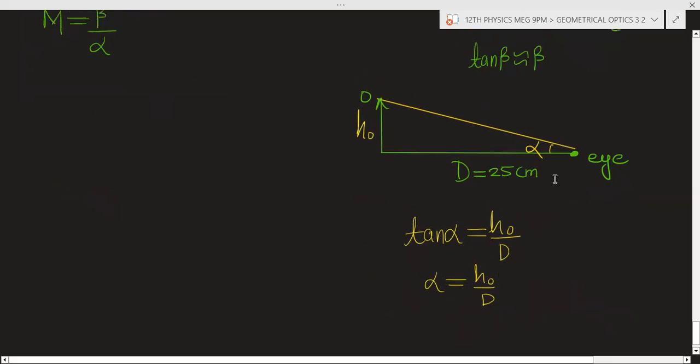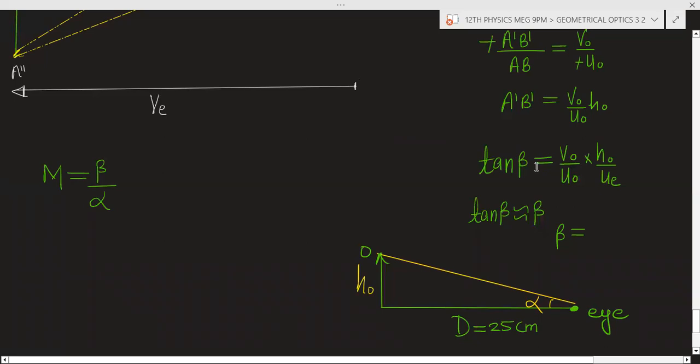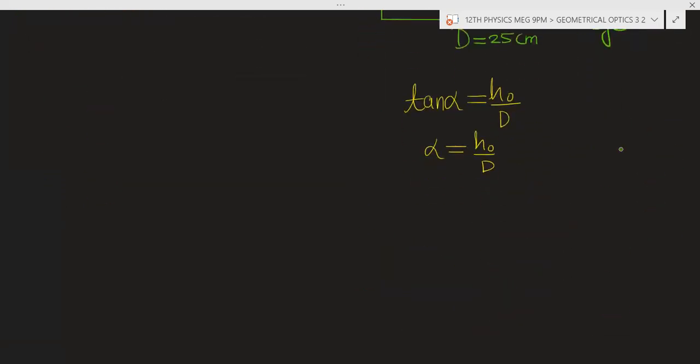So now we have alpha, now we have beta. What is the value of beta? Tan beta is beta, so we can write V naught by U naught multiplied by H naught by UE. Suppose this is equation number 1, beta, and this is equation number 2, alpha.